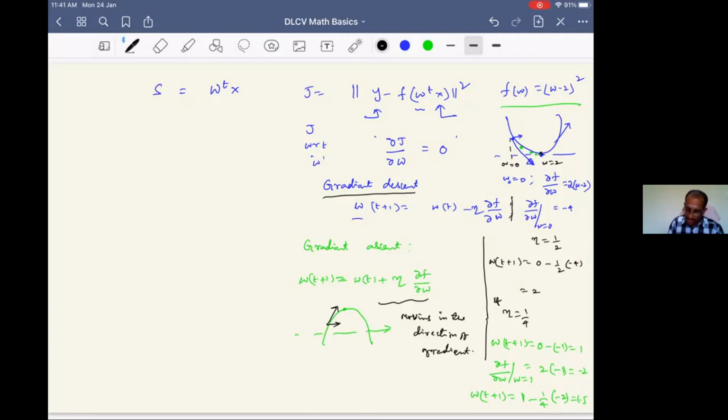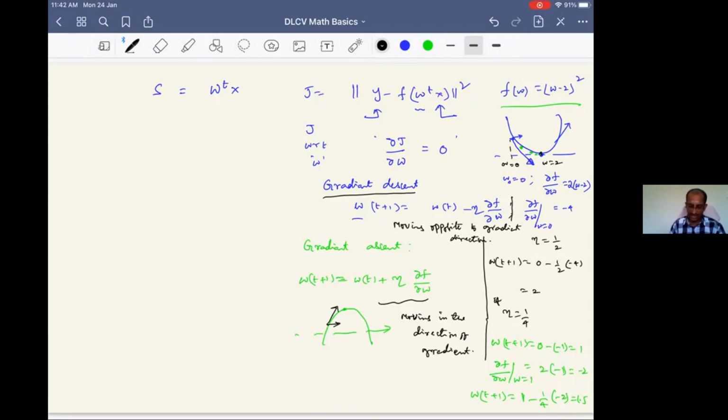Here, moving opposite to the direction of the gradient. Okay, fine. So roughly, these are the kinds of optimizations we use.